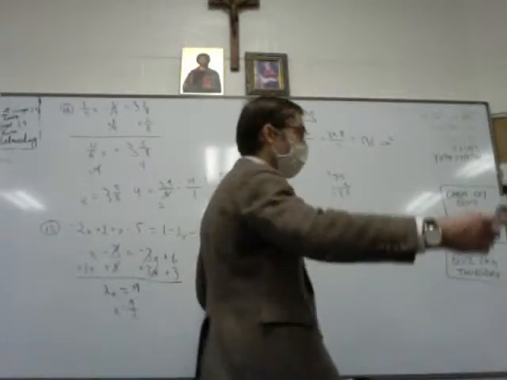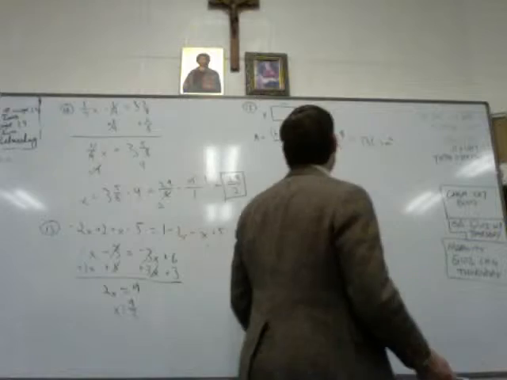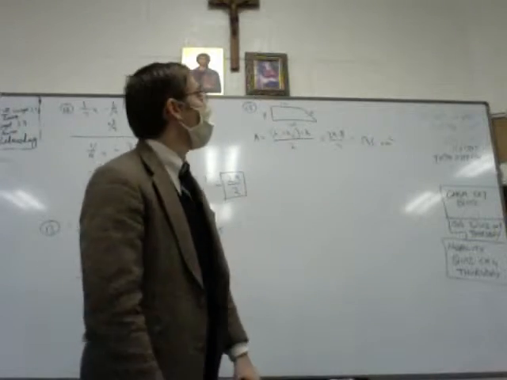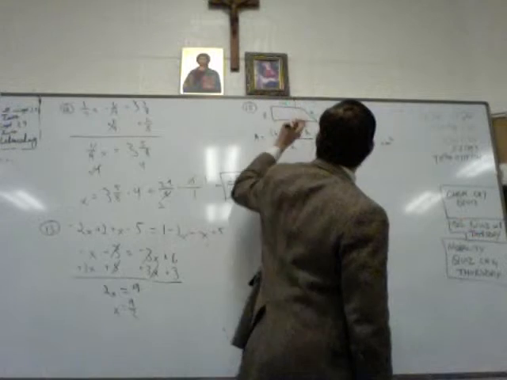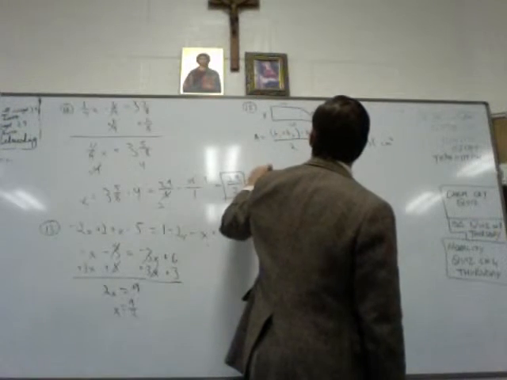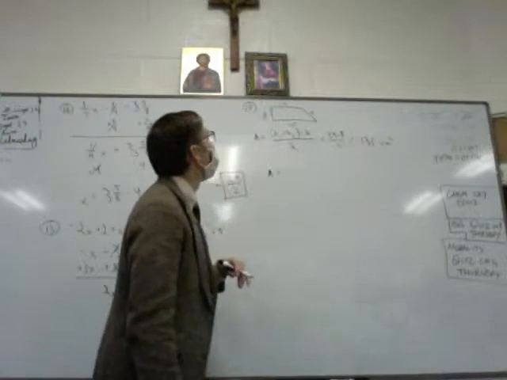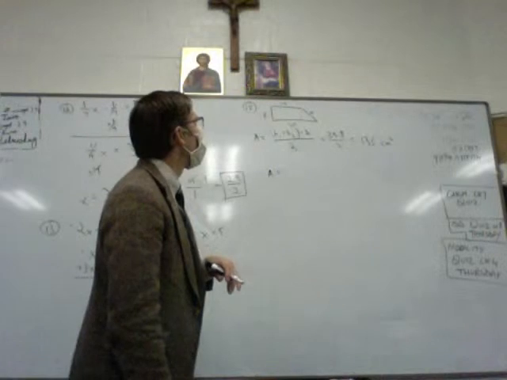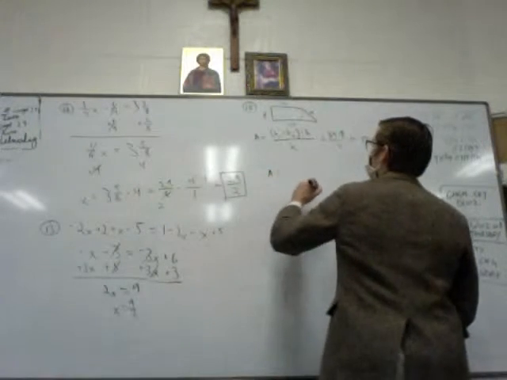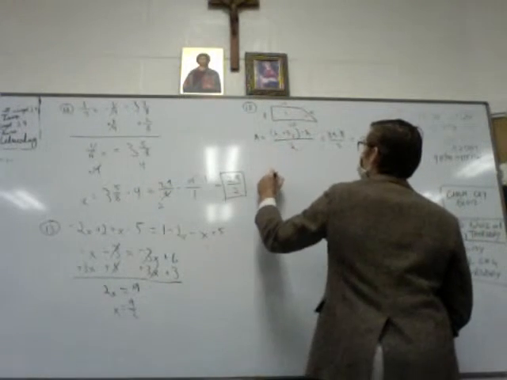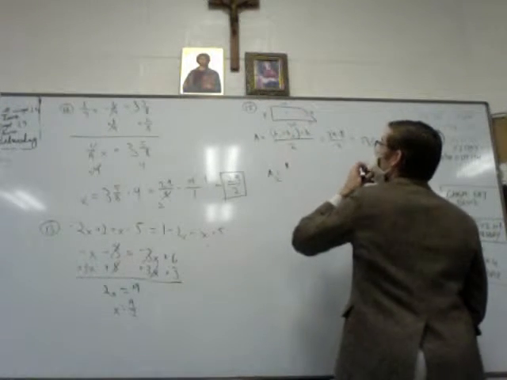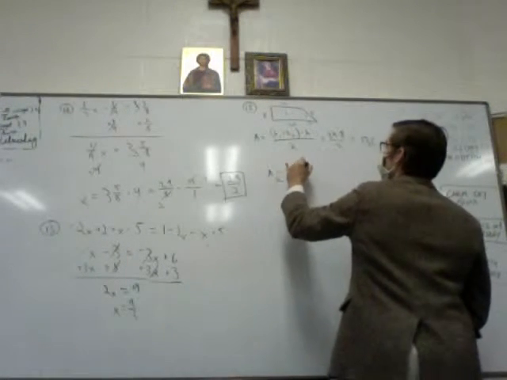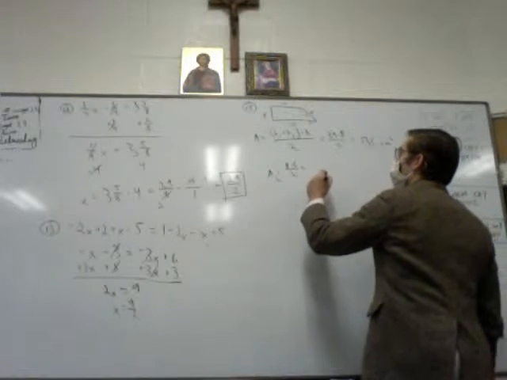What's the other way you could do it? Or two other ways you could do it. I cut the triangle off the top, like this. Then 8 times 6 divided by 2. The triangle is 8 times 6 over 2, so it's 24.